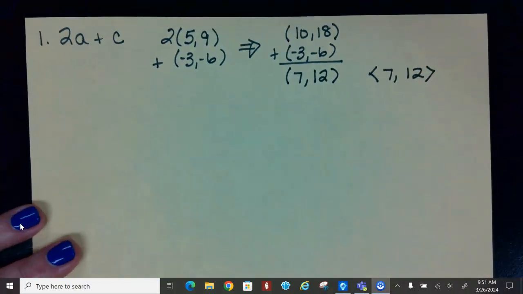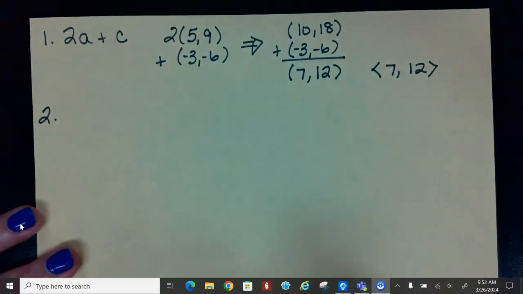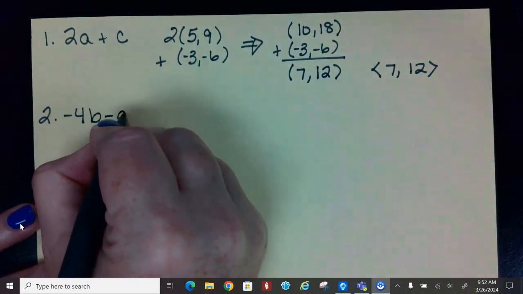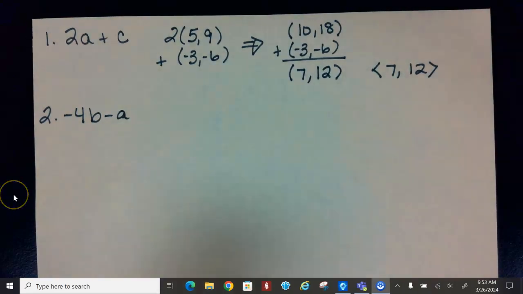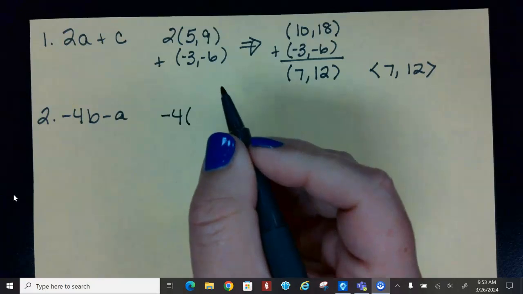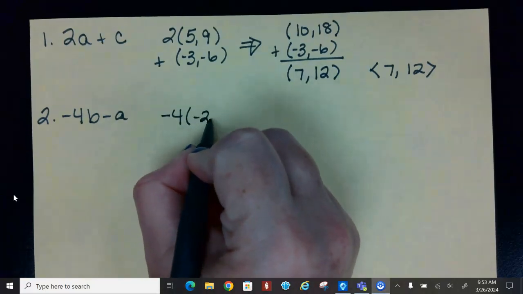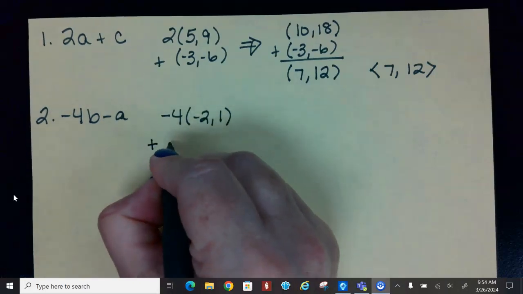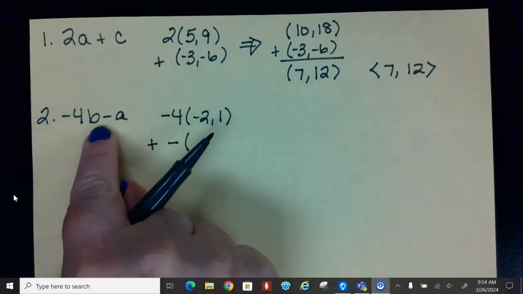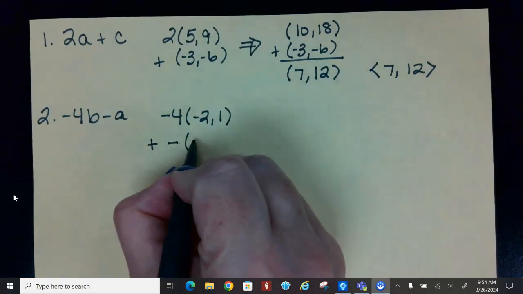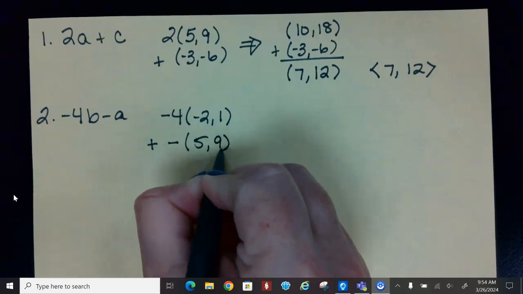Okay. So number 2 is negative 4b minus a. So this would be negative 4 times b, and b was negative 2 and 1. Now what I'm going to do is do a plus and do a negative. Instead of dealing with a subtraction problem, we're going to make an addition problem with a, 5, 9.